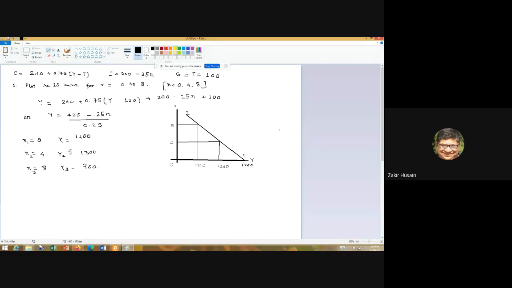Okay. Then the second question is, we're still continuing with this question. So this is the money demand function.